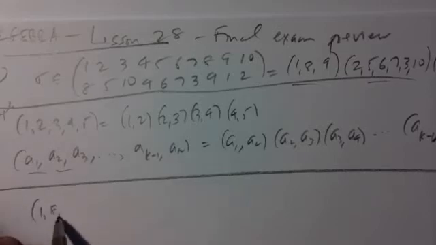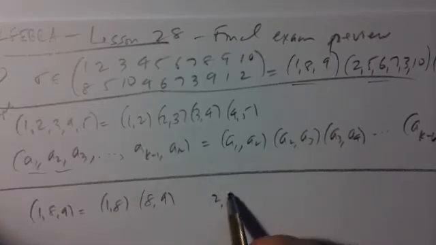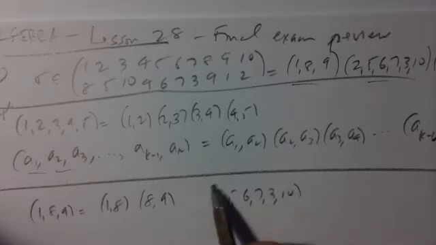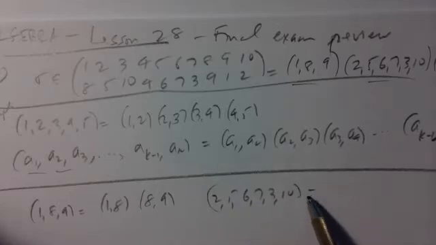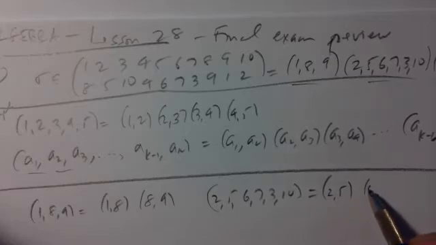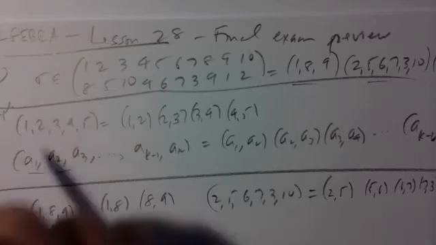So for example, (1 8 9) is the product of 2 transpositions, (1 8)(8 9). And (2 5 6 7 3 10), this is a 6 cycle. You can write it as a product of 5 transpositions, (2 5)(5 6)(6 7)(7 3)(3 10).